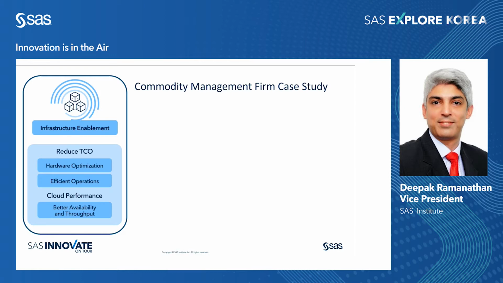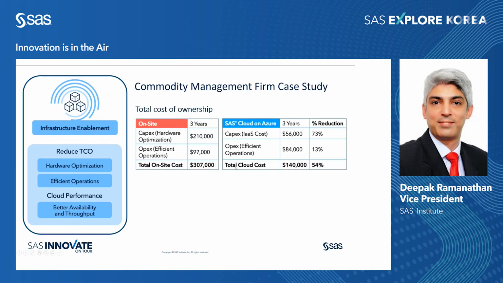In this client example, let's take a look at what the client example is. A commodity management firm dealing in food and feed ingredients, we're looking into the economic impact of their current on-premise operating cost versus their investment into cloud analytics.